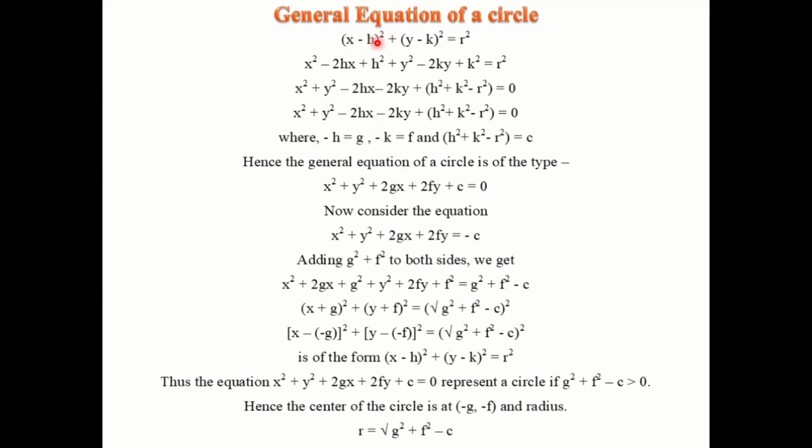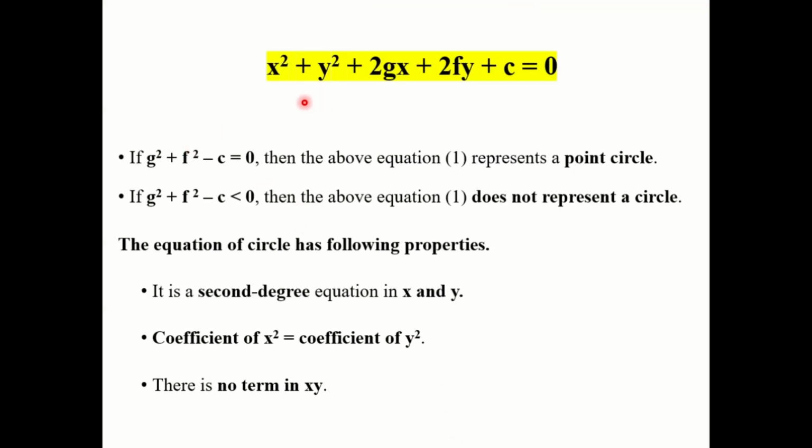When center and radius are given, we follow these steps. When the equation is given and we have to find the center and radius, then we follow this step. The center of the circle will be (minus g, minus f) and the radius will be square root of g square plus f square minus c.